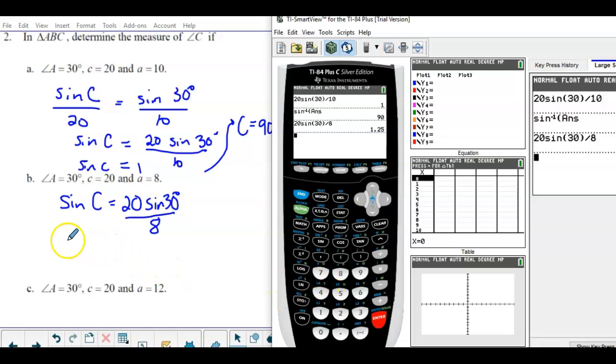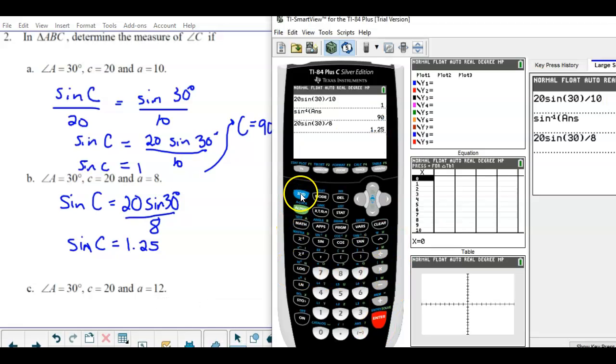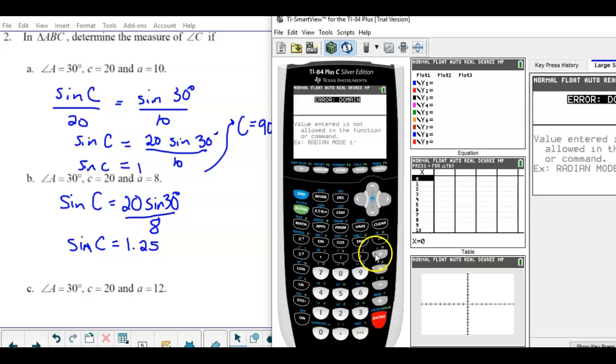Okay, so you get sine C equals 1.25. Remember, we've talked about this. If you get sine equaling a number that's greater than 1, it's not possible. It doesn't exist, because that would be like saying the ratio has a hypotenuse that's shorter than the longest side. So you can try second sine of the answer, and it says error.